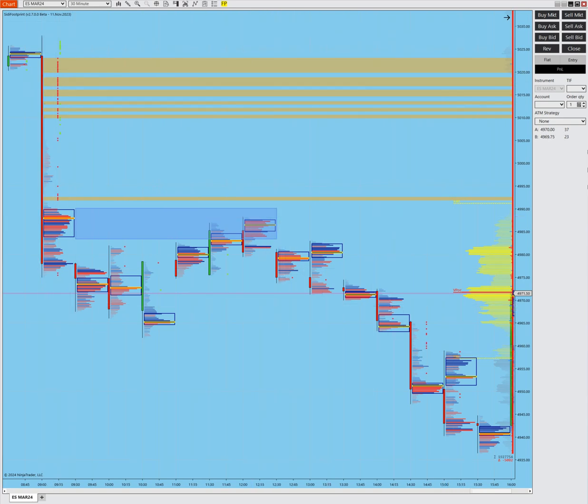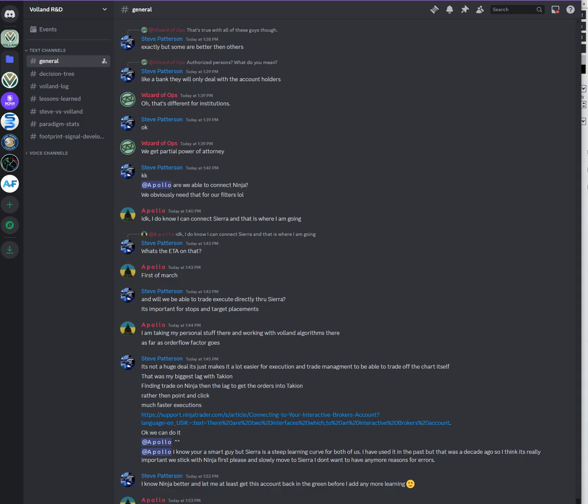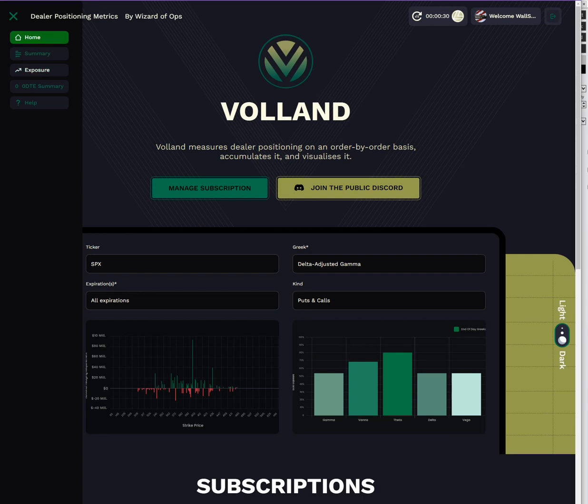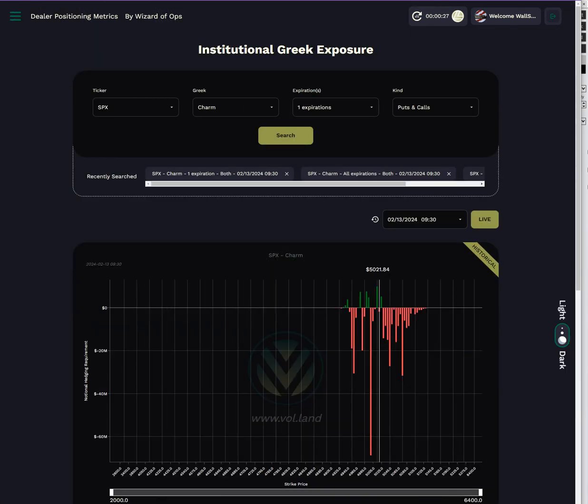So let's go over to the second tool, Volland. There we go. And we're going to look at the dealer positioning and exposure at 9:30 this morning. Now this is what we call a GEX paradigm, which is a bullish paradigm, and it's telling me that the dealers' positionings are such that there's going to be an incentivization for dealers to keep prices high and hedge those prices with increased or decreased volatility.